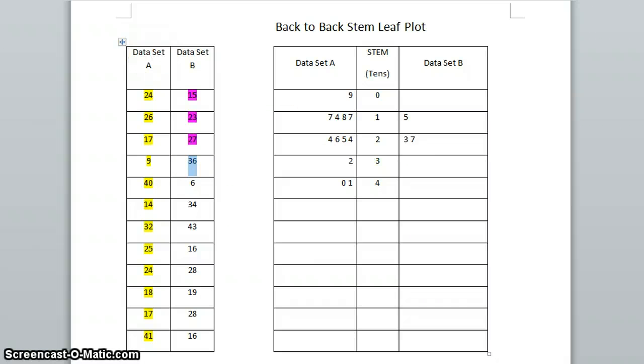27. Next one is 36. It's going to go in the 30s column, with 6 ones. Next number is just 6. So it has no tens, so it's going to go in the 0 column with 6.